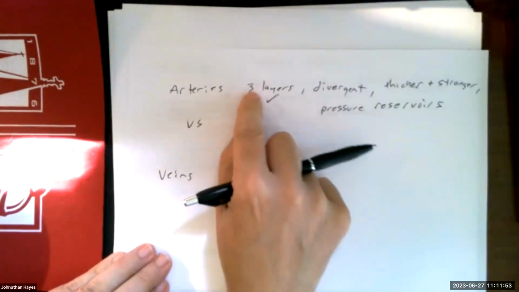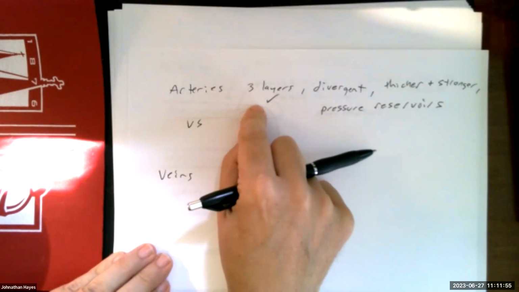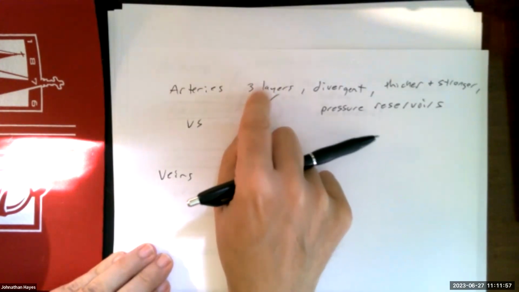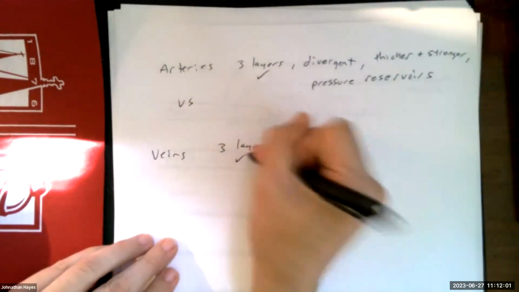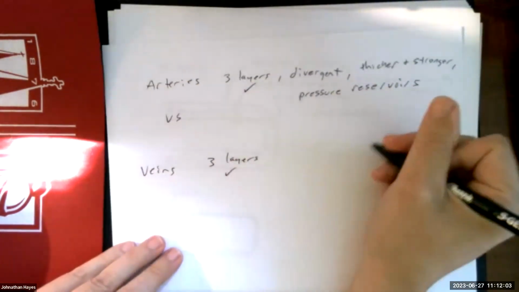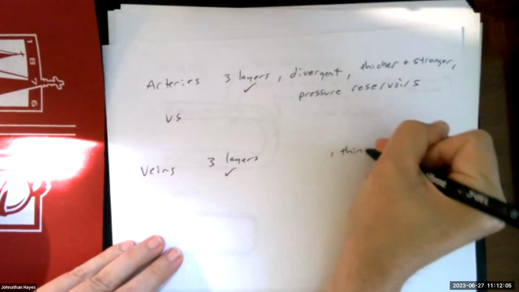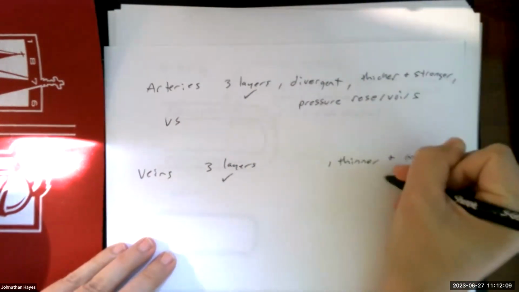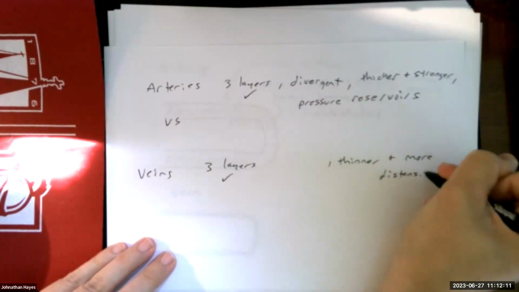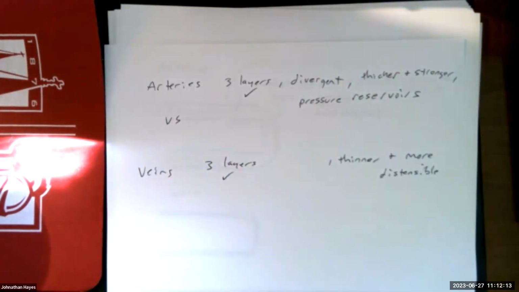So tunica externa, tunica media, tunica intima, but it's thinner in that tunica media layer, right? So let me put that out here. And let's say more distensible, right? It's able to be stretched out with ease, more distensible.